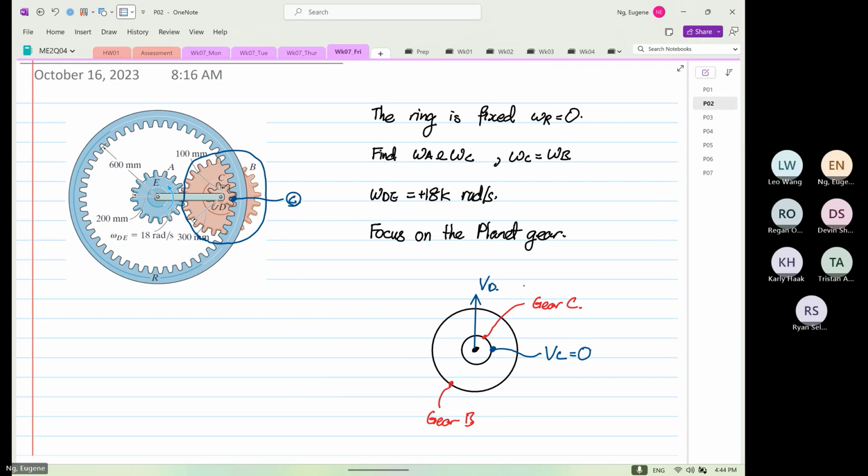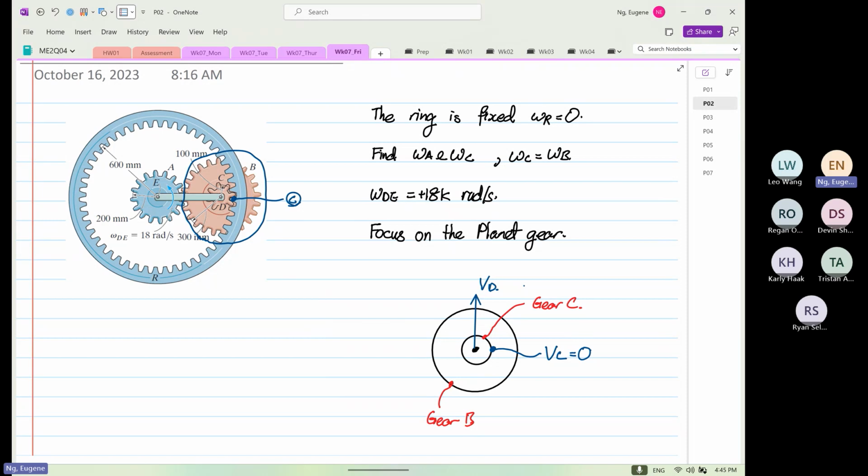No, VC is equal to 0 because VR is 0. Whenever you have two gears that are meshing, have you been taught this yet?